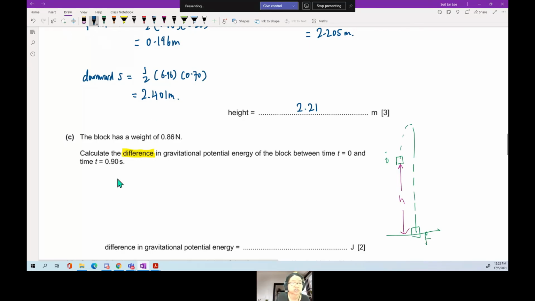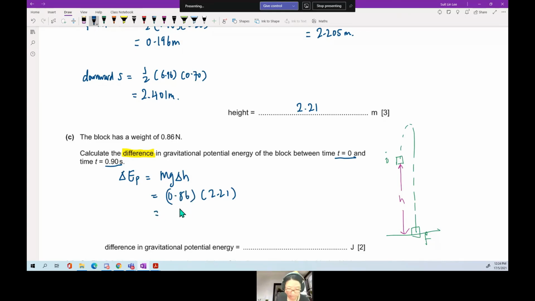So I can just take the change in GPE will be equal to mg change in height from t equal to 0 to t equal to 0.9, which coincidentally is our 2.21. Can I put 2.2? Can. Can I put 2.205? Can. You like? Okay. We got the weight 0.86. The thing is, your examiner's mark scheme will be 2.2.